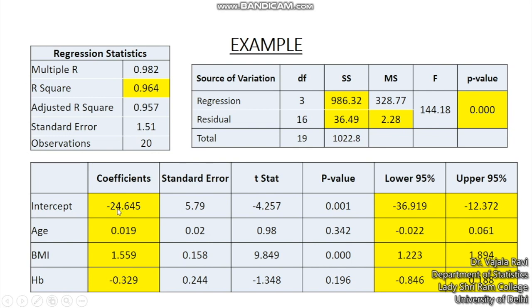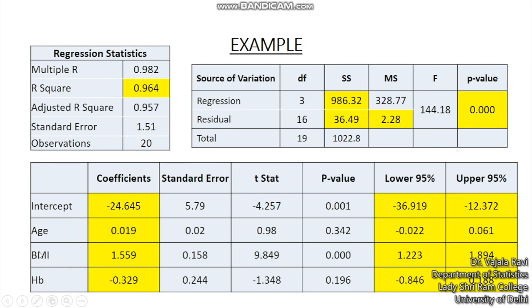So 24.645, a negative value of the intercept. We don't read too much into the intercept. Now what interests us is the slope coefficients. So a unit increase in the age is likely to cause your CT severity score to increase by 0.019 units, keeping all the other two factors constant.